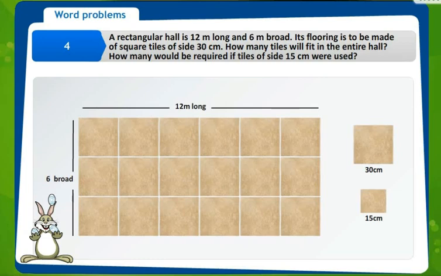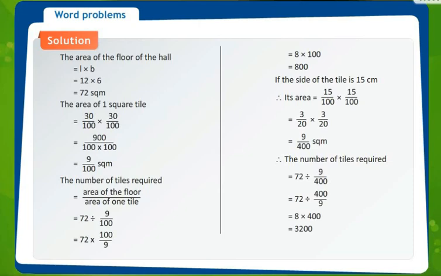Now you can see the length and breadth, 12 meter long and 6 broad. The area of the floor of the hall is length into breadth, that is 12 into 6, which is equal to 72 square meter. Since the unit is meter, area is measured in meter.